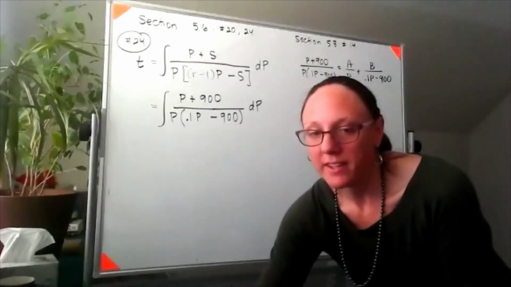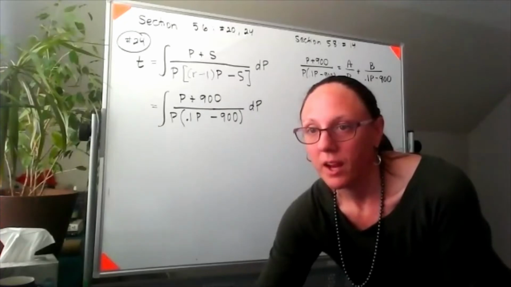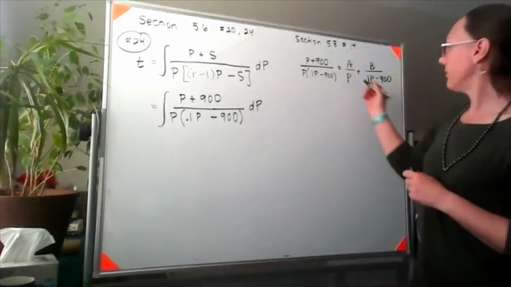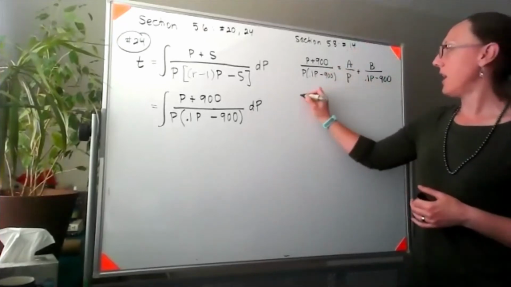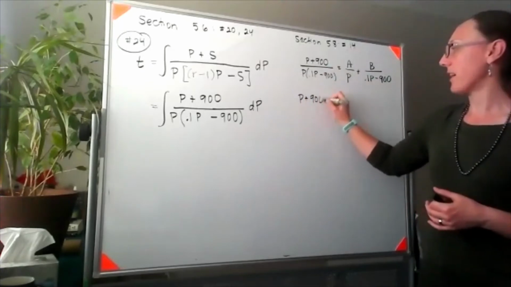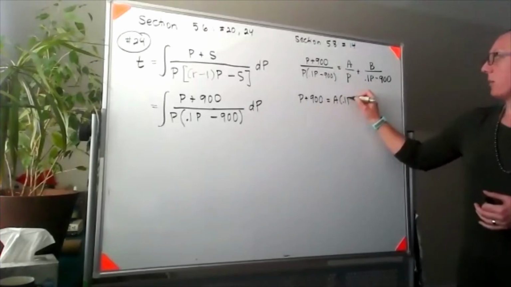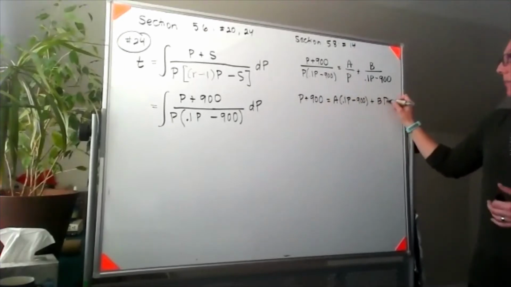So thinking about this, once I multiply both sides by that common denominator, I'm going to end up with P plus 900 is equal to A times 0.1 P minus 900 plus BP.